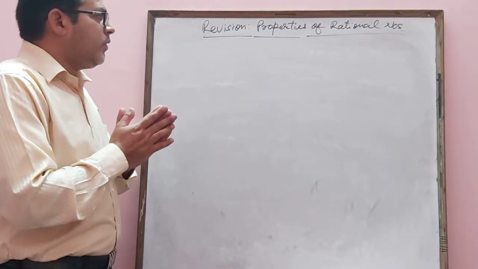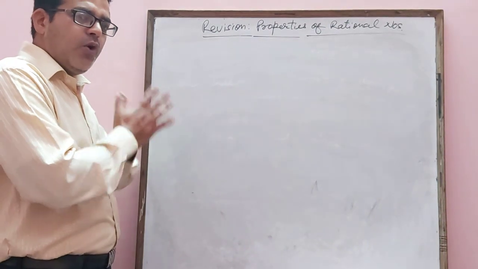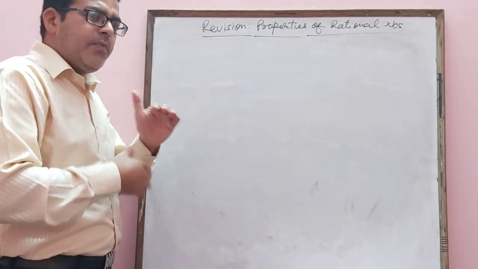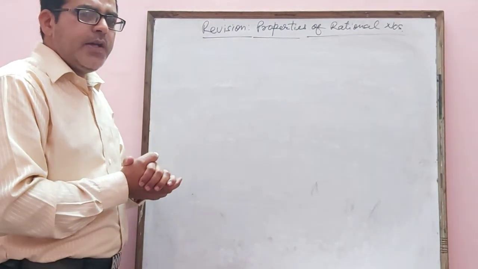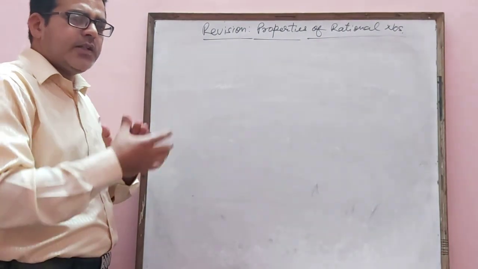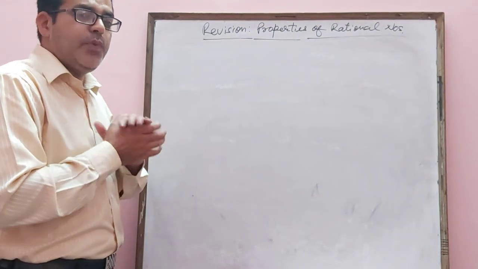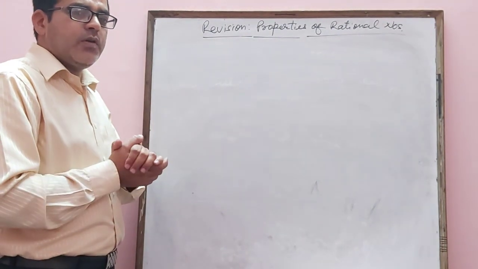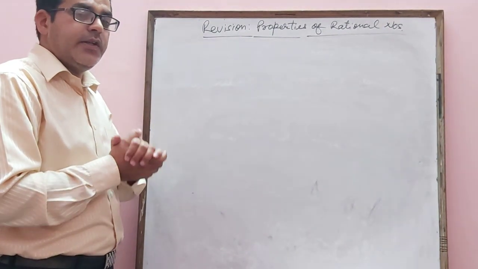Hope now you are able to understand all the properties of rational numbers. If there is any problem regarding properties of rational numbers or any other things about rational numbers, please message me. I will solve your queries and doubts in the next video.